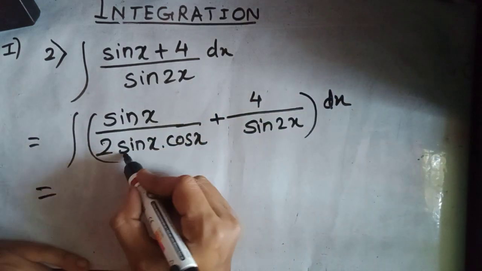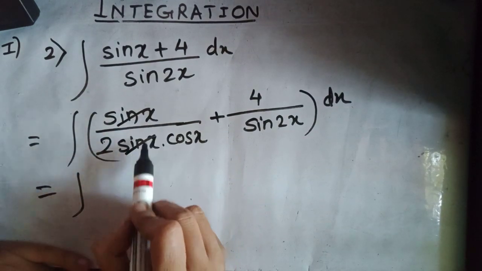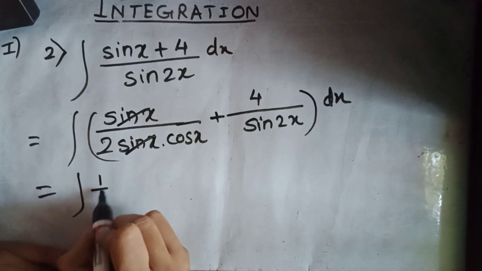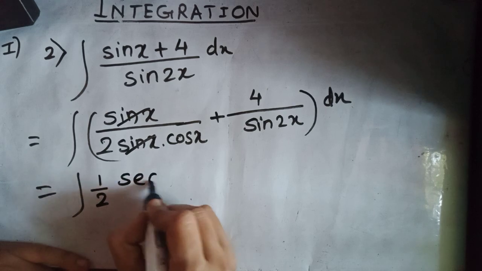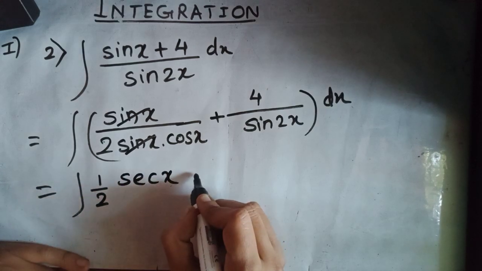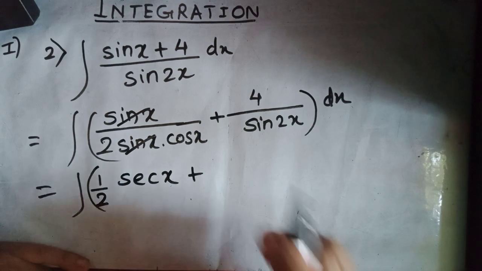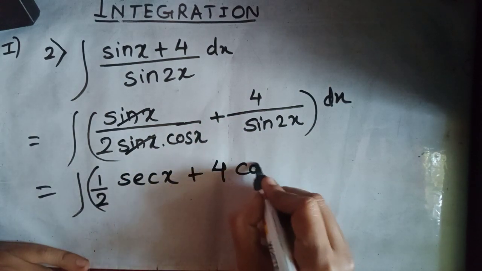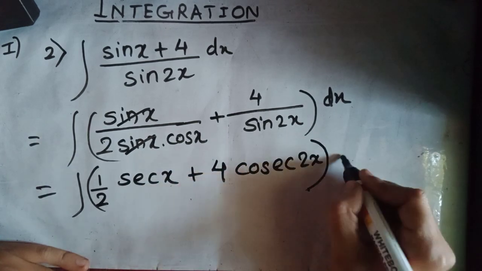This and this get cancelled, so you will get 1 upon 2 cos x, so half is here and 1 upon cos x is sec x, plus 4 upon sin 2x, you can write as 4 cosec 2x dx.